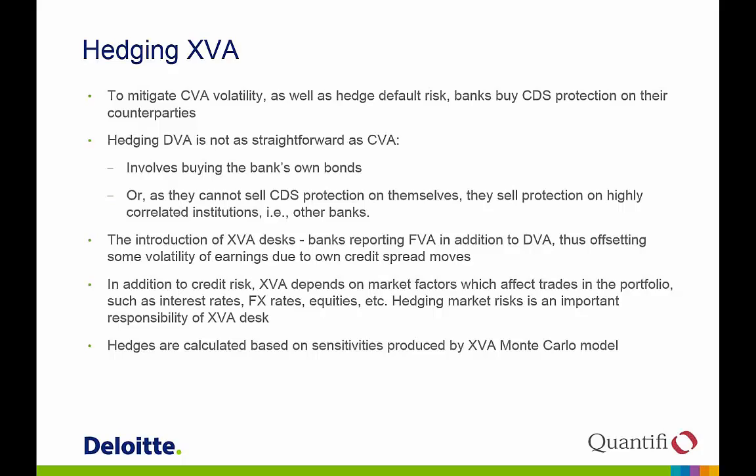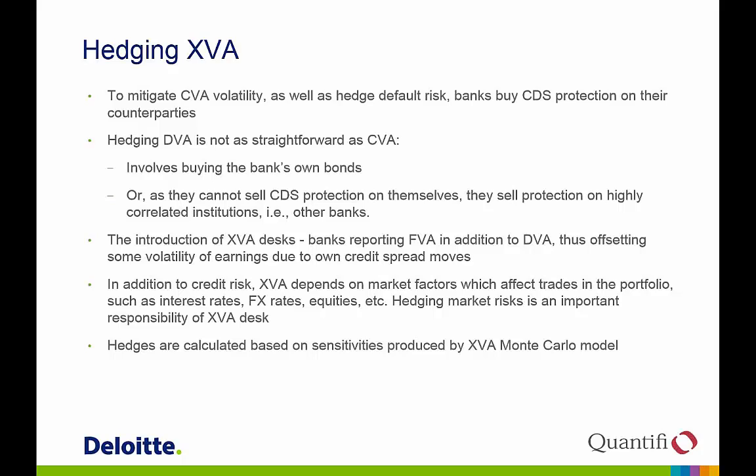FVA depends, as we know, on positive exposure, and like CVA it also depends on a counterparty, and on your own spread, similar to DVA. So FVA is kind of a hybrid between CVA and DVA, and of course should be calculated in the same system. That justifies and makes necessary dealing with all these valuation adjustments in one place, and dealing with them as XVA.